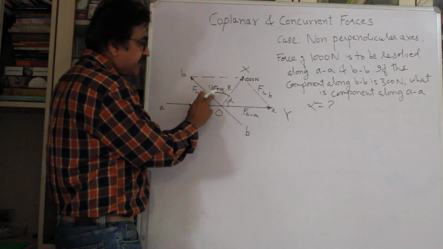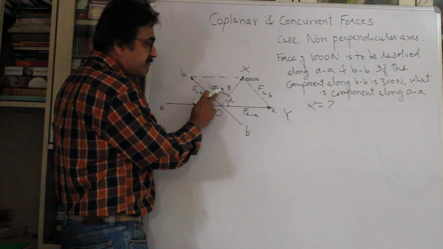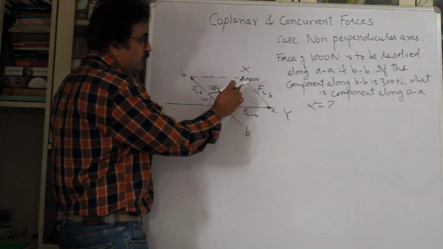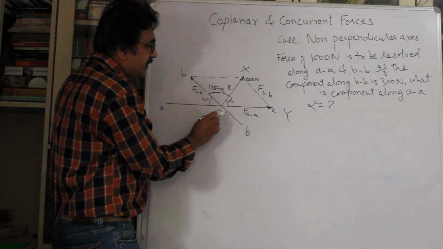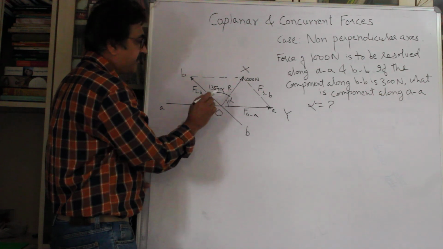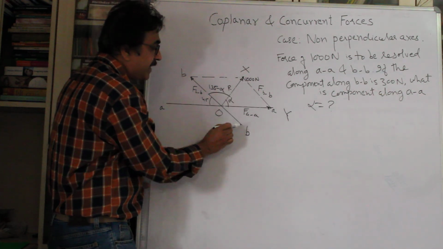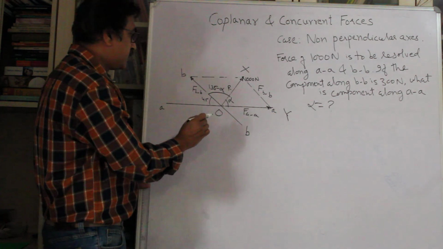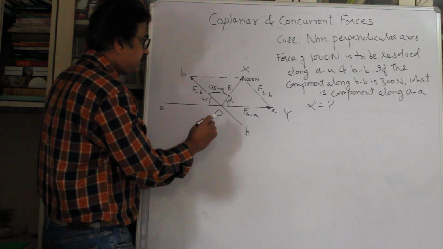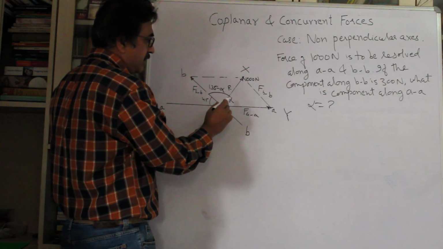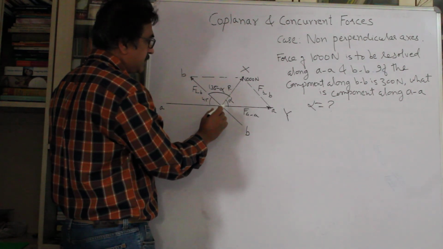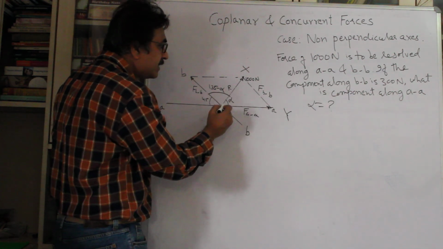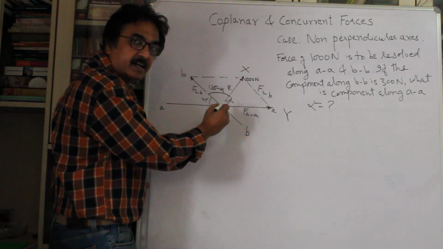Now see, if this angle is 135 minus alpha, consider two parallel lines. These are the two parallel lines, and R can be considered as transverse.